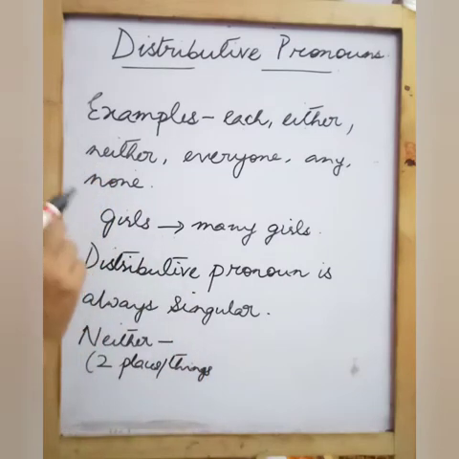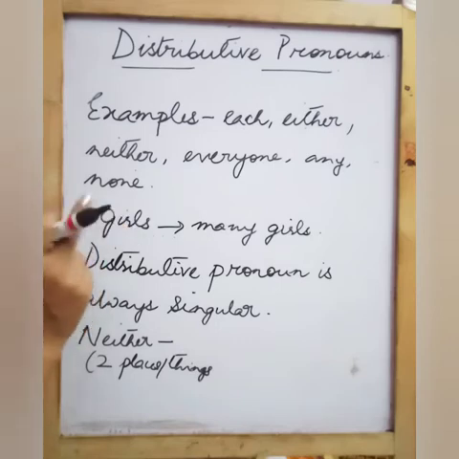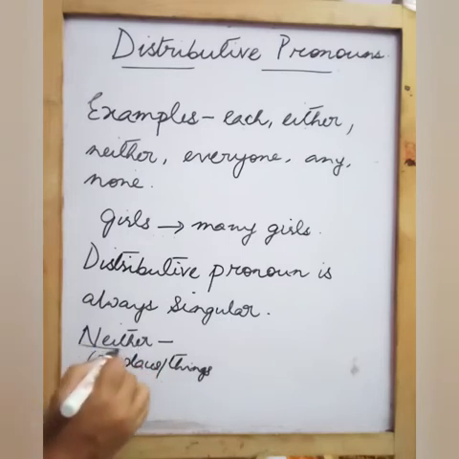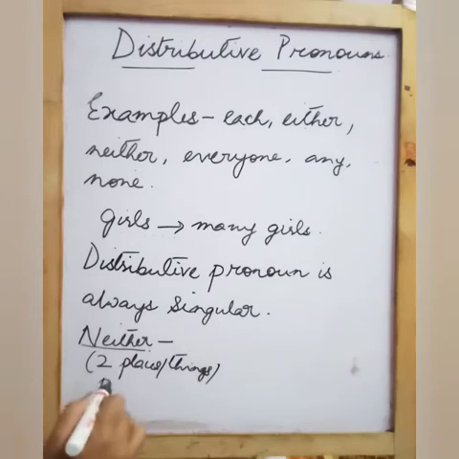Hence I told in that example, when I said either of the newspapers is in English, or neither of the newspapers is in English, hence I said that there are two newspapers. Because when we use this distributive pronoun neither, it always means two places, two things, or two persons. Alright, it is always two.